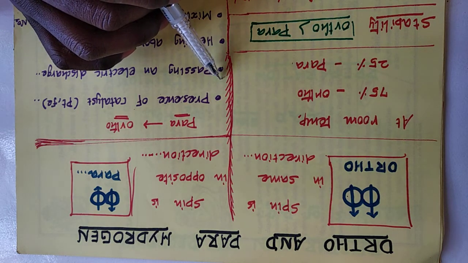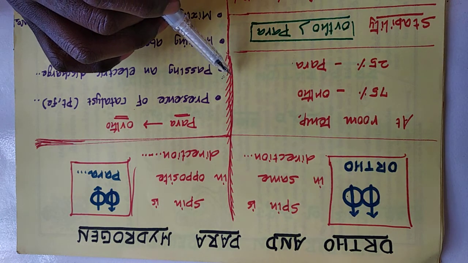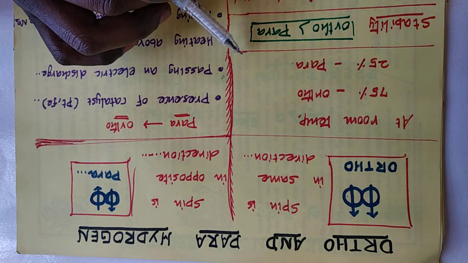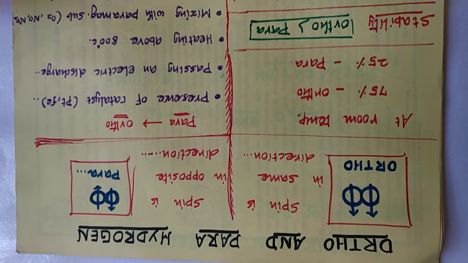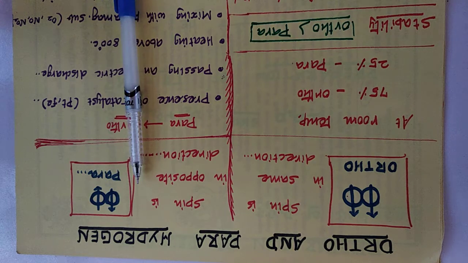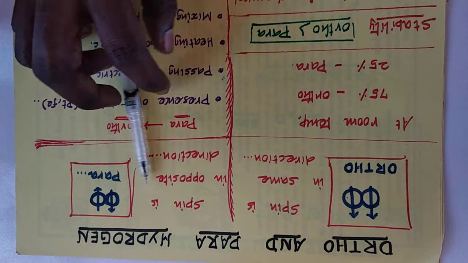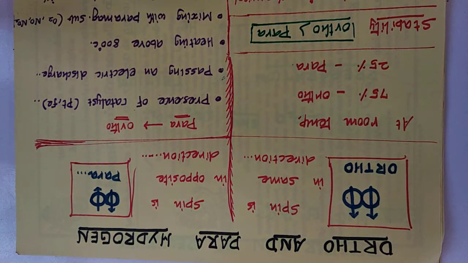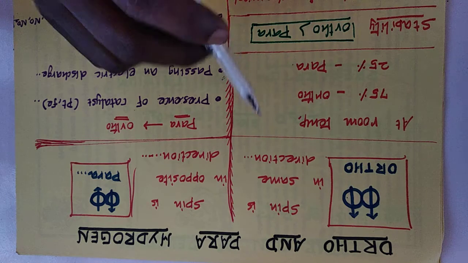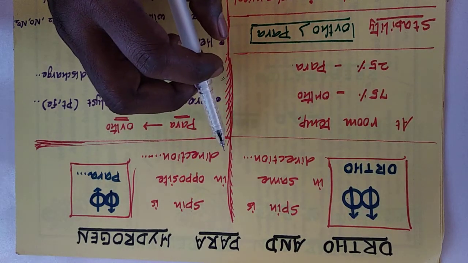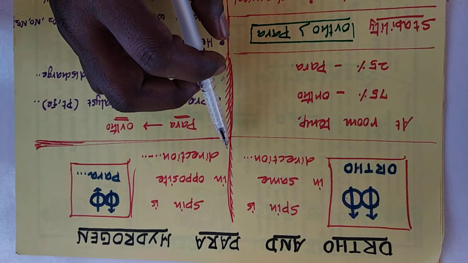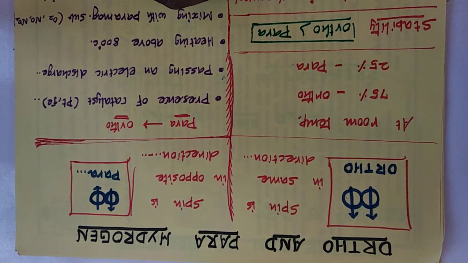One will be clockwise and the other one will be anti-clockwise. So those are ortho and para hydrogens. When the spin of the nuclei is in the same direction, it is called ortho hydrogen. When the spin of the nuclei is in the opposite direction, it is called para hydrogen.